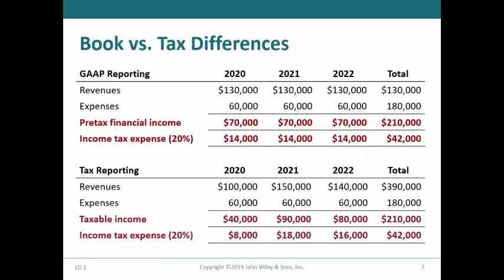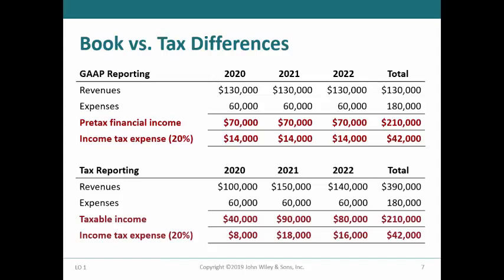As you can see in this slide, the income tax expense for all 3 years for financial reporting purposes is the same, $14,000 per year. This is equal to 20% of the pre-tax financial income of $70,000. However, if you look at the taxable income on the tax return, you will see that it varies each year due to the difference in the amount of revenue that is reported.